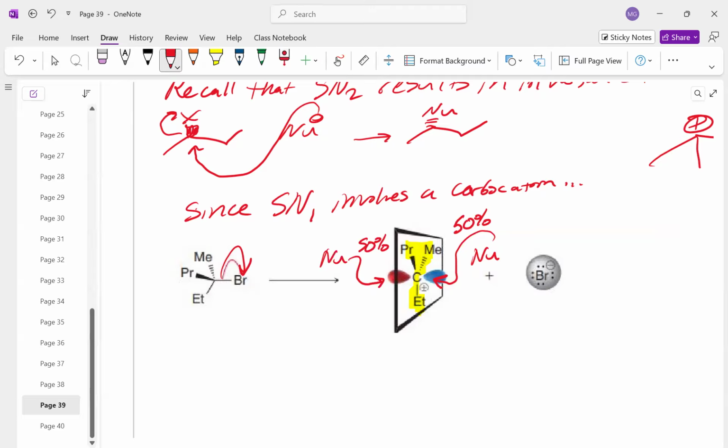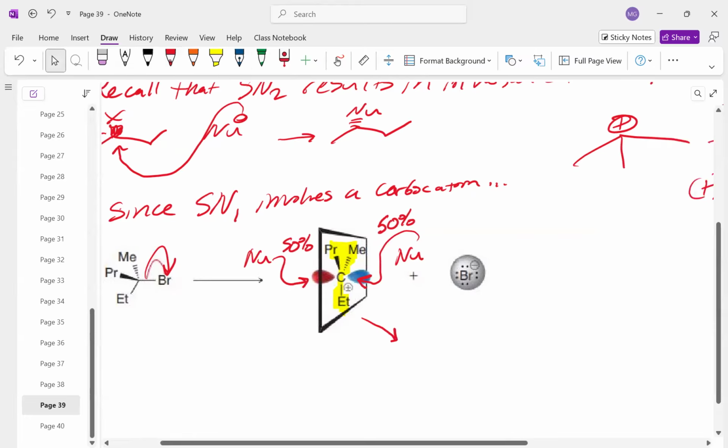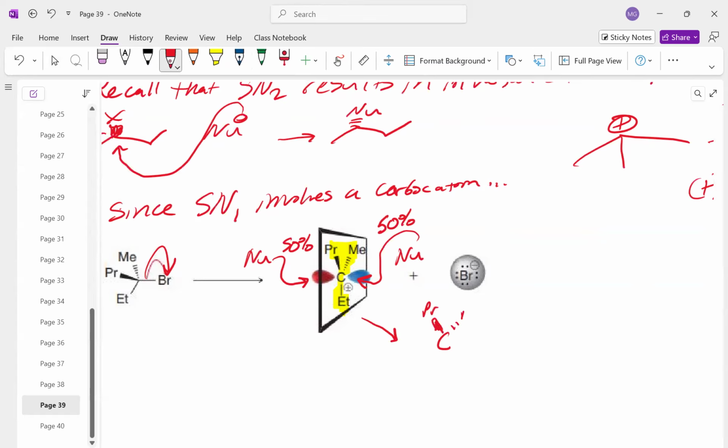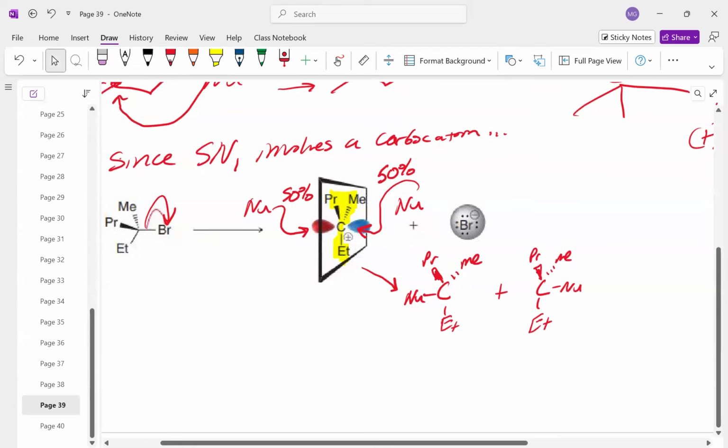So what does that mean in terms of products? Well, in some, you'll have the nucleophile going this way, and some, you'll have the nucleophile going the other way. And you have 50% of one, 50% of the other.